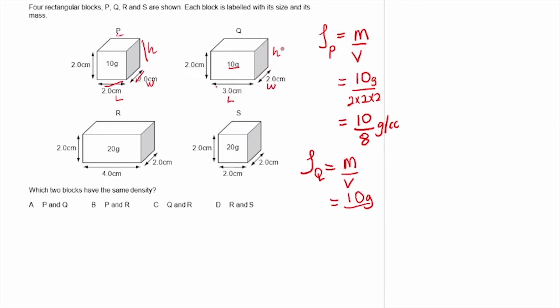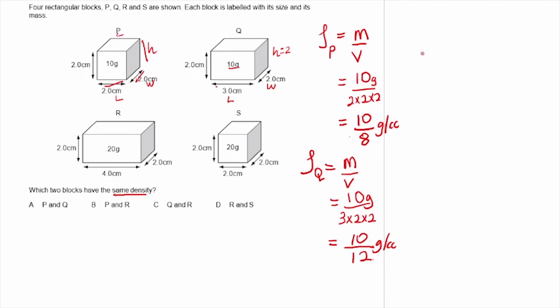The height here is 2 centimeters also. So this is going to become 3 times 2 times 2. So 10 grams divided by 3 times 2 is 6, 6 times 2 is 12. That is grams per cc. Let's first leave it like that. We are only trying to look for blocks with the same density, so if we have the same expressions here, that'll be it. That's the density of Q.